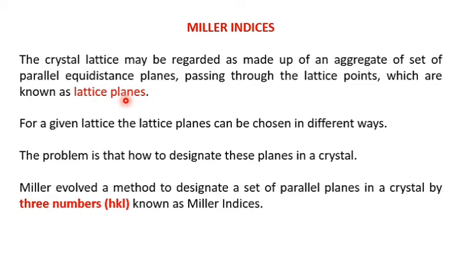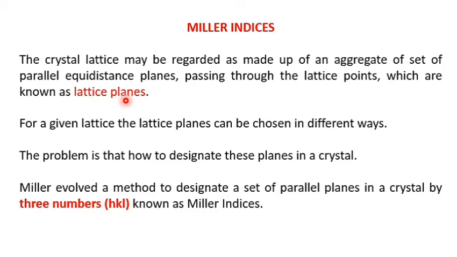For a given lattice, the lattice planes can be chosen in different ways. So what is the problem? The problem is how to designate these planes in a crystal. Designate means how to name them. What is the plane name?